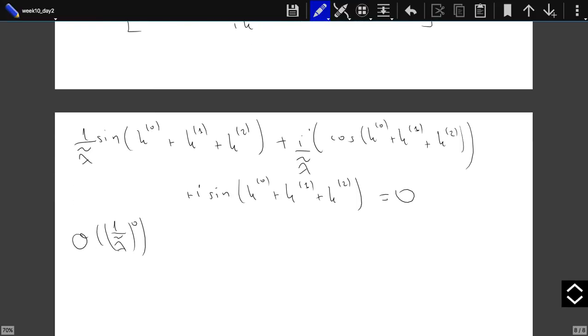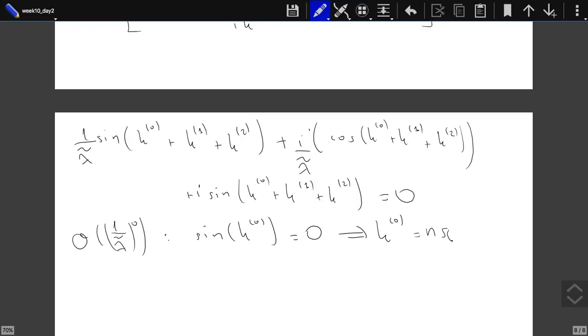And this gives me sine of k0, which should be equal to 0. So if lambda tilde is infinite, already from the scattering amplitudes, I have these poles when k is equal to k0, which is equal to n pi. So this is the 0th order solution. This is the one we already had.